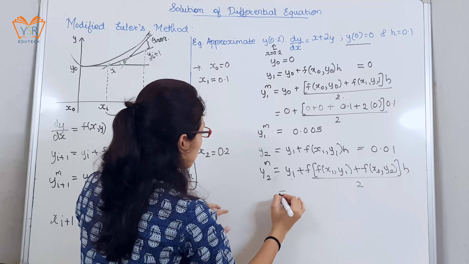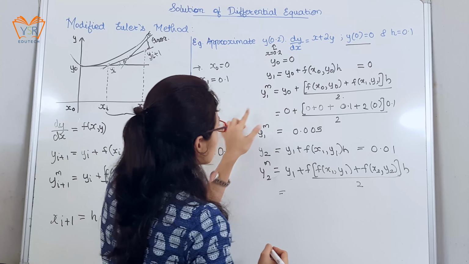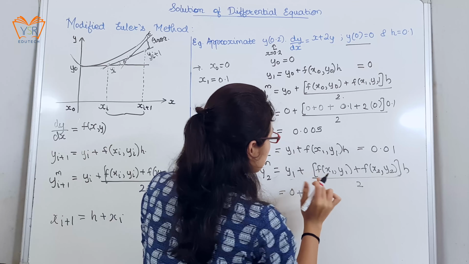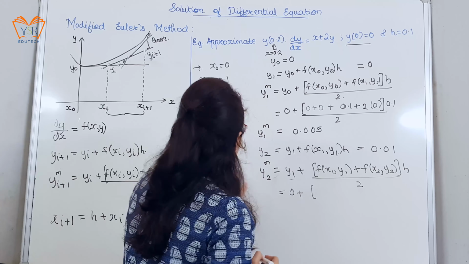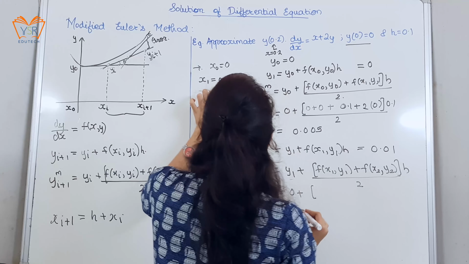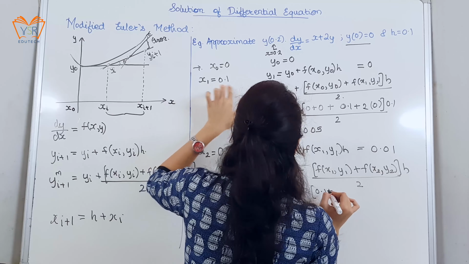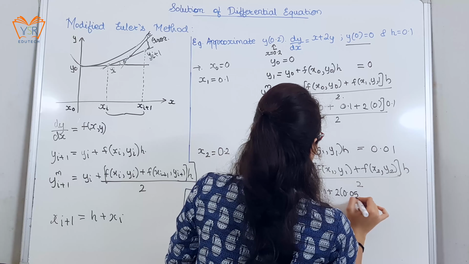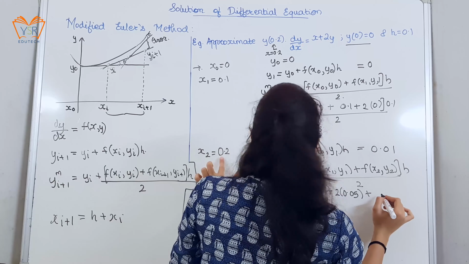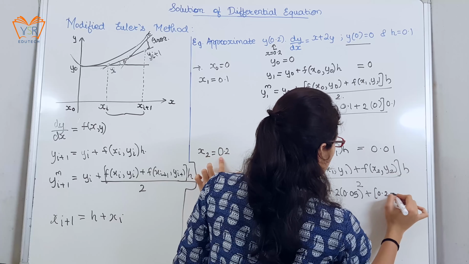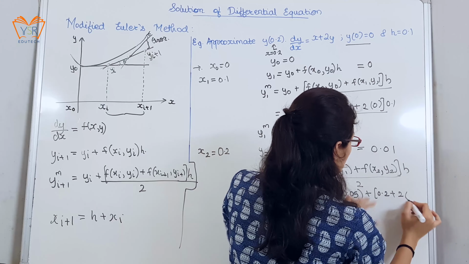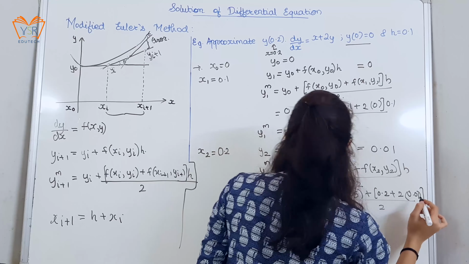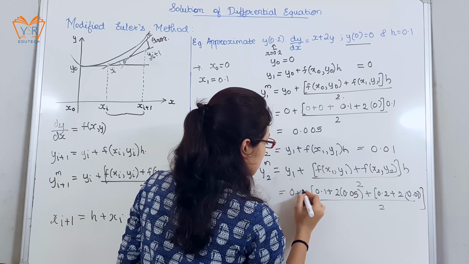Now simply substitute the values. Y1 is 0.005 plus, function of x1, so this into, plus 2 into 0.05, plus 0.2, 2 into 0.01, this divided by 2 into step size, I'll write it here 0.1.